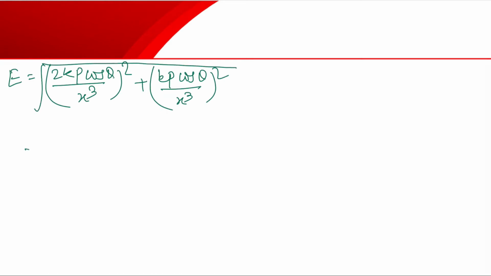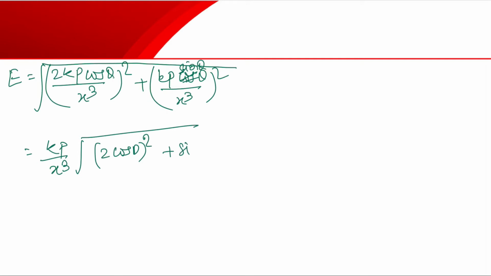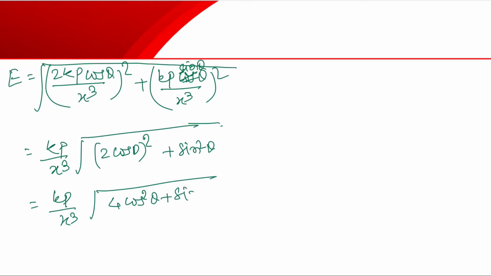If we take kp by x cube as common, then inside the under root there will be (2 cos theta) whole square plus, this will be sin theta, not cos theta, sin square theta. So this will be kp by x cube under root of 4 cos square theta plus sin square theta.